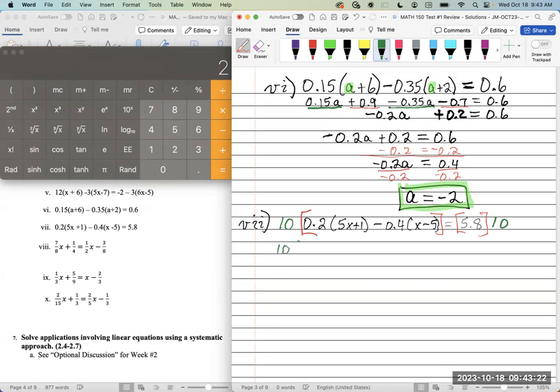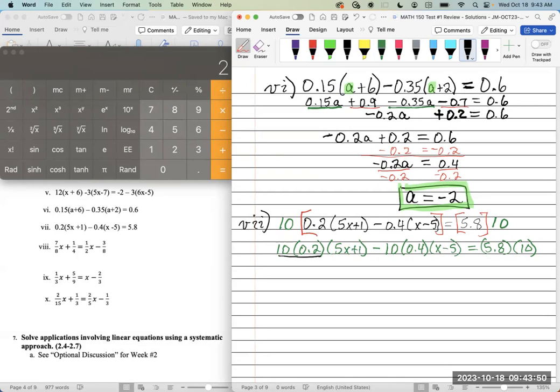So I now have 10 times 0.2 times 5x plus 1 minus 10 times 0.4 times x minus 5, which is the same thing as 5.8 times 10. So I multiplied every term by 10. When you're multiplying, you can multiply in any order.